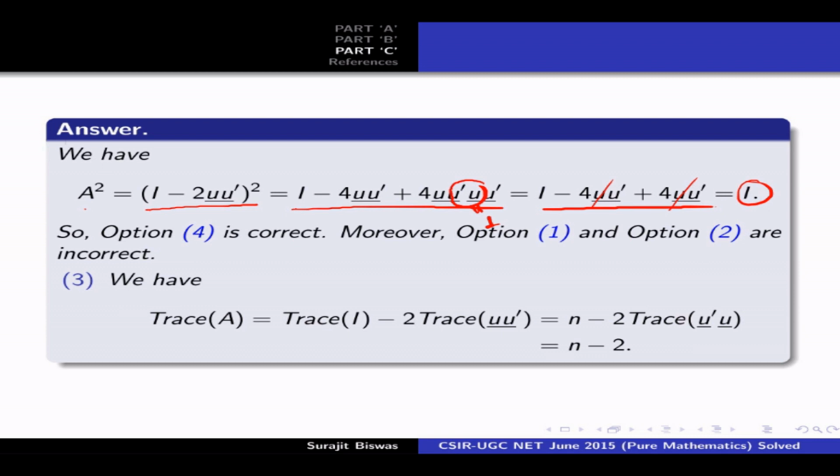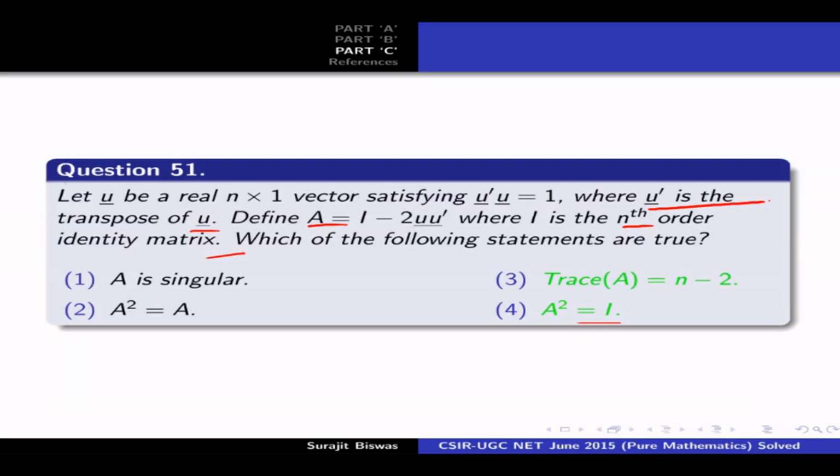So we have A square equal to I, and this shows us that this option is correct, and of course then this option will be incorrect.